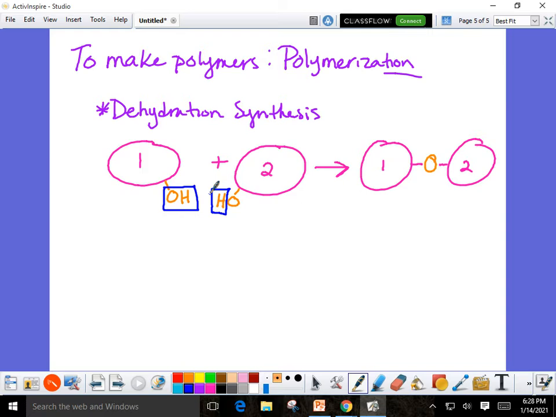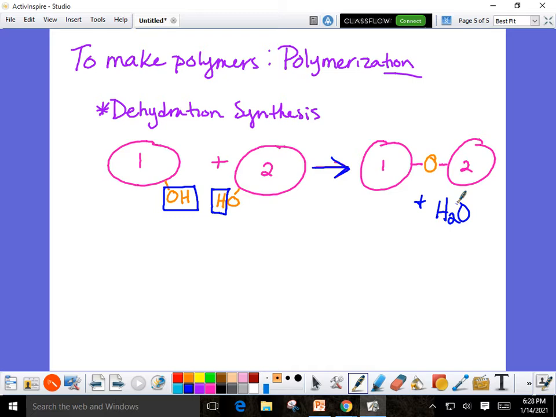So now we go through our reaction. We have our polymer here. One is now bound to number 2, and we now have a water. So we have removed a water from these molecules so they can bind together.